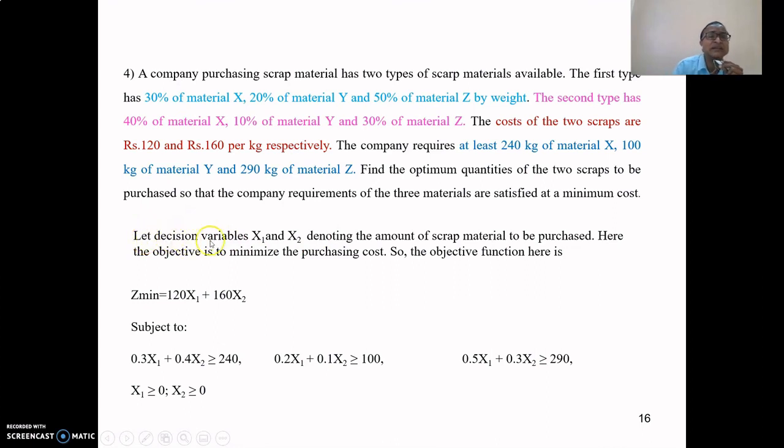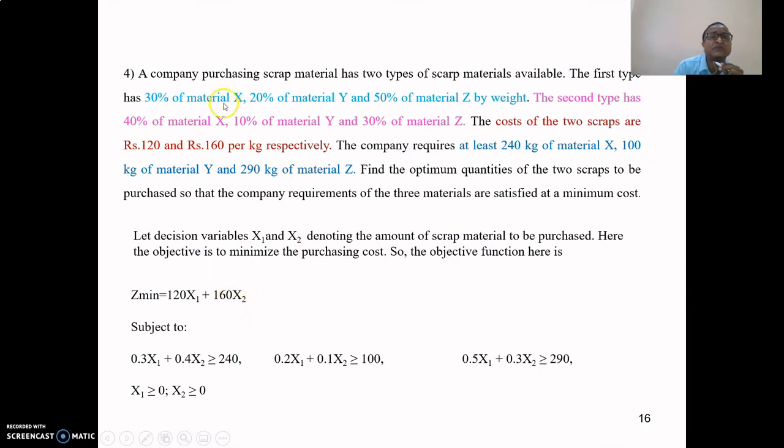Now the decision variables x1 and x2 denote the amount of scrap material to be purchased. Here the objective is to minimize the purchasing cost. So the objective function is 120 x1 plus 160 x2.